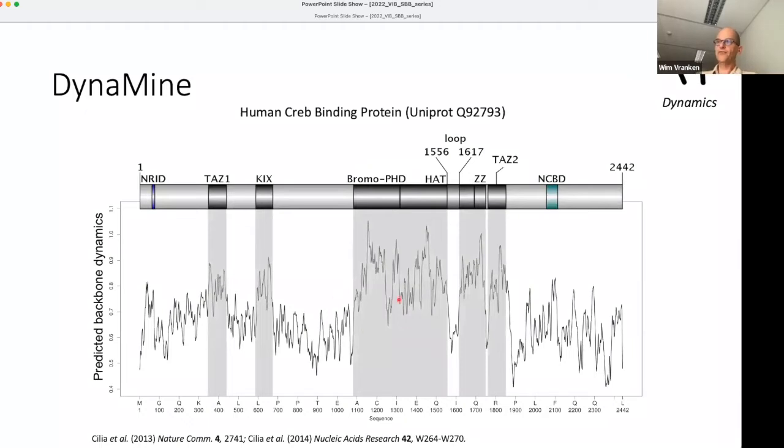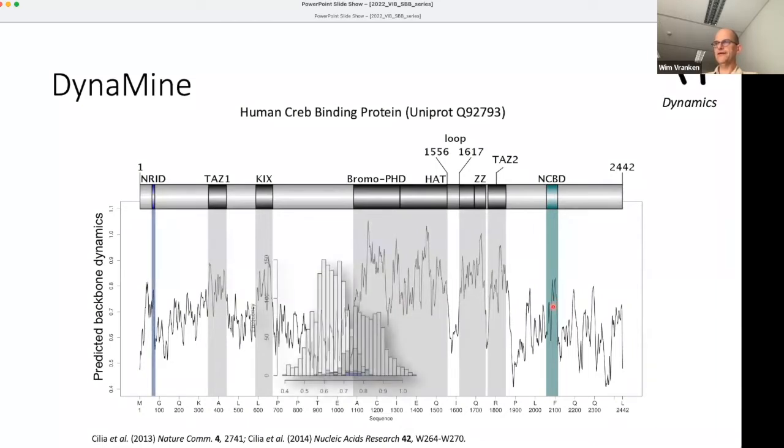If you look at the folded domains, you can immediately see that these are higher values. That makes sense because these are regions that want to fold. For the two folding-upon-binding domains, the values are lower, but there are still peaks in the whole profile.